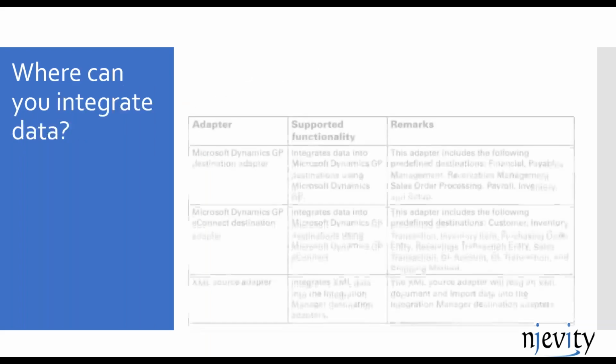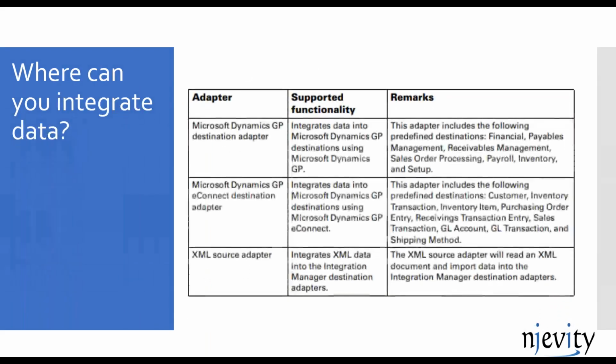All right, so next, where can you integrate data to? I just pulled this little chart off of the manual for Integration Manager from Microsoft because I thought it had some good information in it. Within Integration Manager, you have the GP destination adapter, and then you have the eConnect destination adapter, and they have different pieces that you can integrate into.